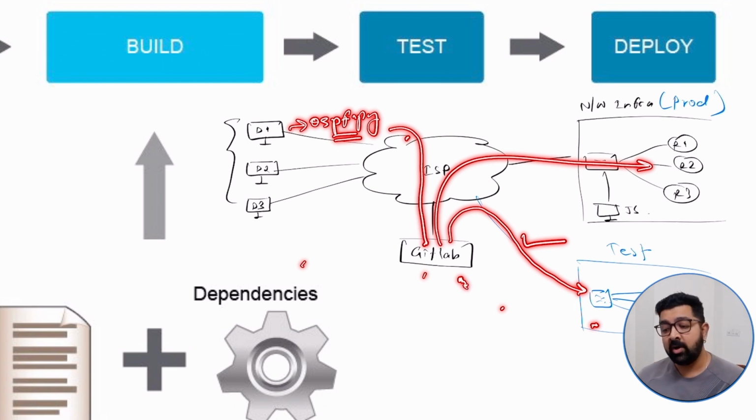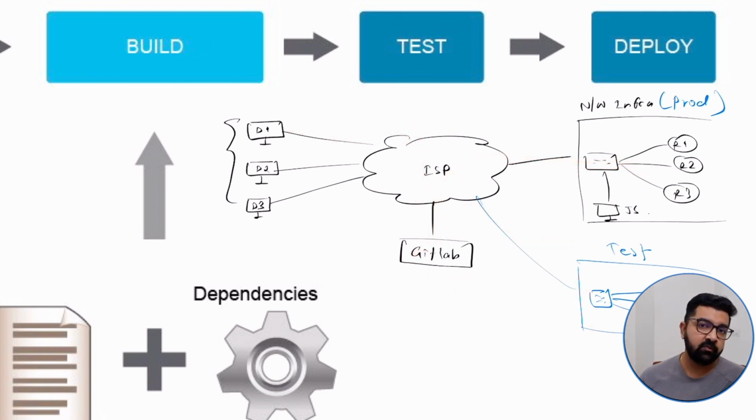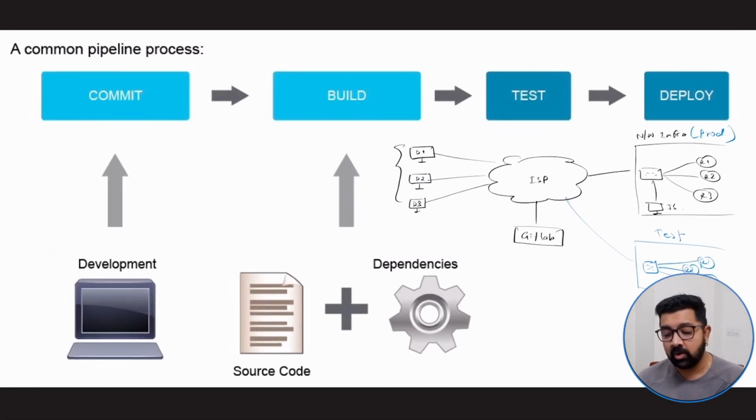So this is called building a strong testing environment, where you only push configuration to your production environment if the tests pass. That's one of the DevOps lifecycle practices that we follow while working with CI/CD pipelines. When you do the build, in the build process you put up your source code.